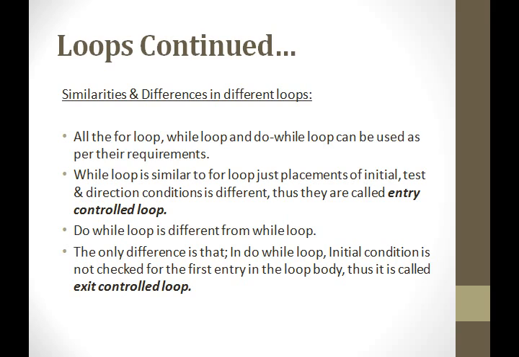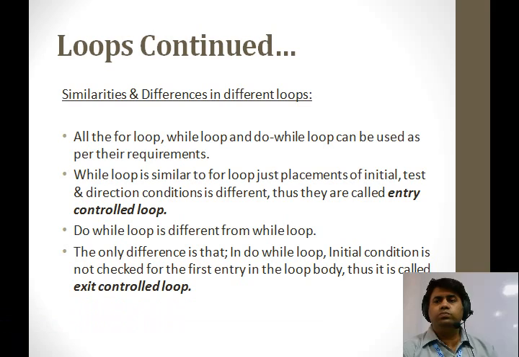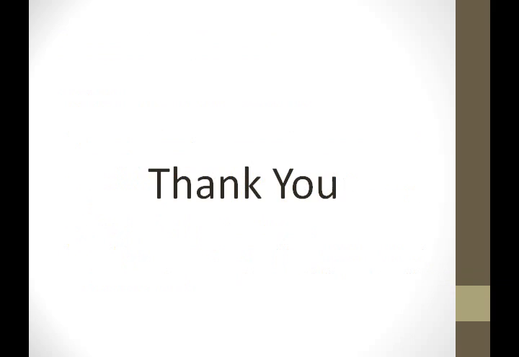Thus they are also called entry controlled loops, and do while loop is different from while loop. The only difference is that in do while loop the condition is not checked for the first time when you enter the loop body. Thus it is called the exit controlled loop. It's a very important concept in programming. Thank you.